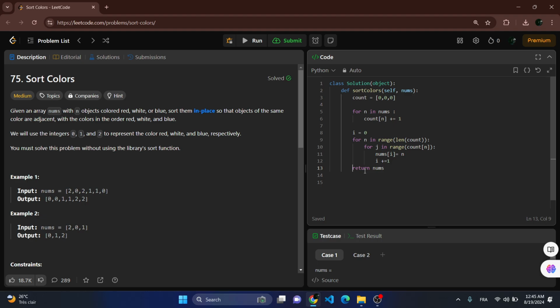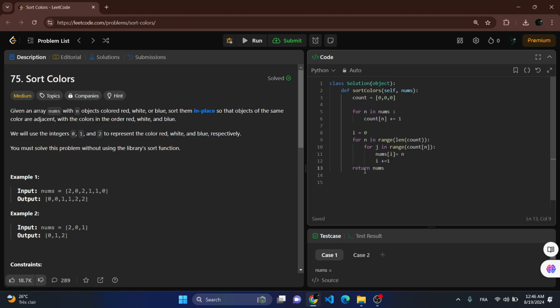The beauty of this solution lies in its efficiency. It has a time complexity of big O of n, where n is the length of the input array, and a space complexity of big O of 1, meaning it uses constant extra space regardless of the input size. This makes it highly suitable for large data sets.